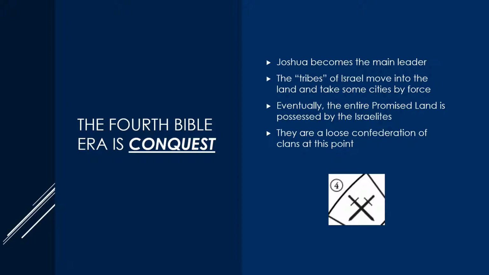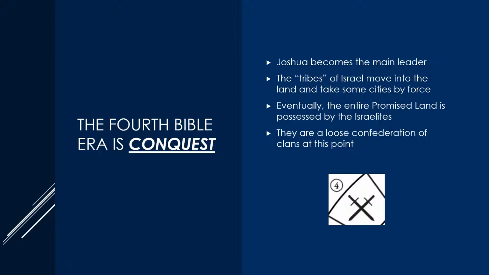And this was a time where the children of Israel, as they began to move into this promised land, did find themselves fighting some battles. Joshua is the main leader for this time. He was a young man who helped Moses, and after Moses passes away, it's up to Joshua to lead the nation into this promised land.